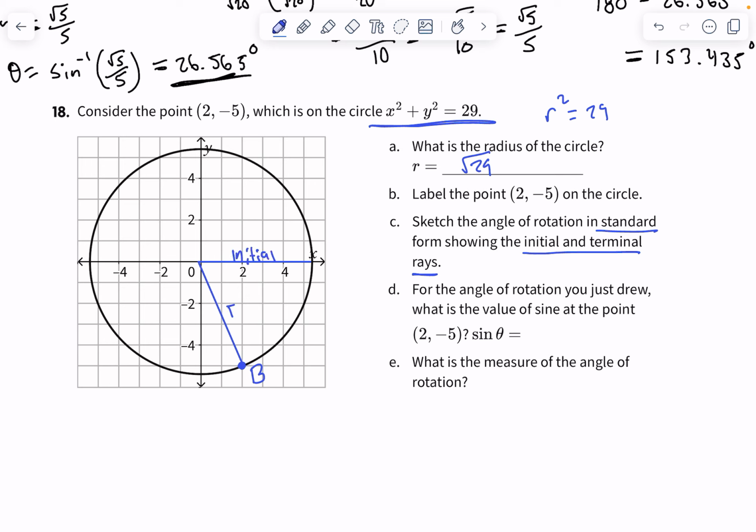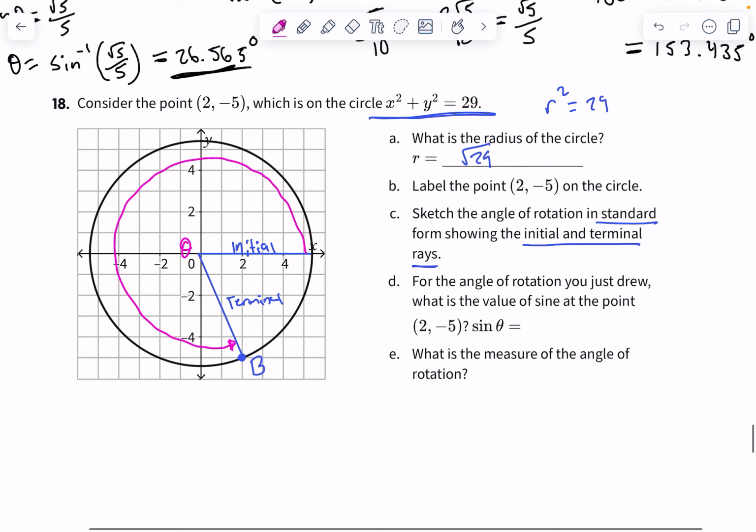This is my terminal. And what I'm looking for, my angle of rotation, we'll do it in a different color, is this entire angle, right? Up to there. We'll call that theta.